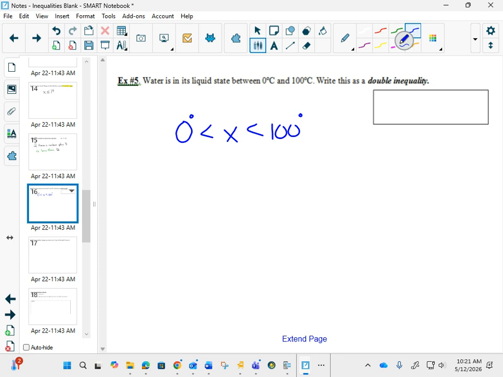But you can also read it from the x's perspective. From the x's perspective to the left, this says x has to be bigger than 0, and x has to be less than 100. So putting that x in the middle means both of those things have to be true. x is between 0 and 100 degrees, so it has to be bigger than 0 but less than 100.